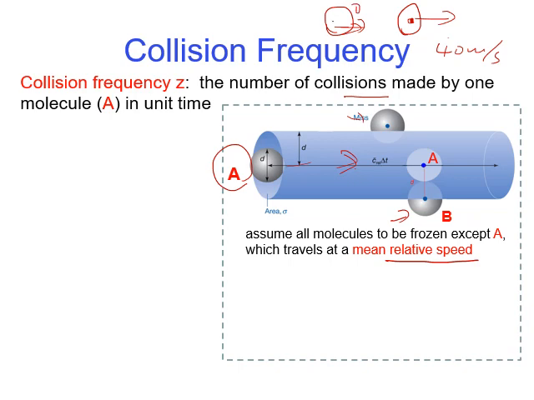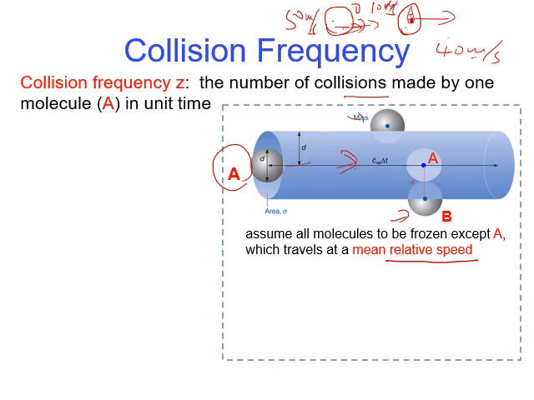It doesn't move. Now, if A moves at 40 meters per second, but the second car moves at 50 meters per second, then they are approaching each other. So for a person in A looking at B, it is moving at a relative speed of 10 meters per second. Okay, so that's the relative speed.